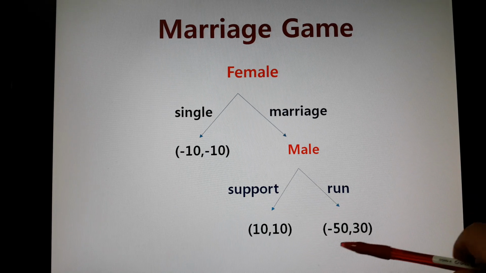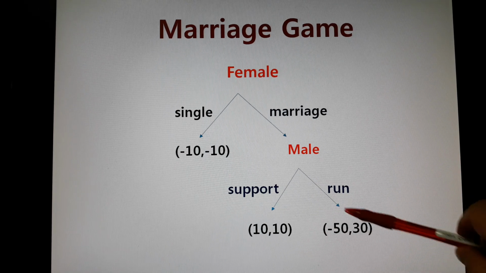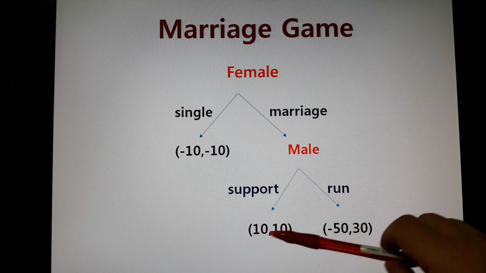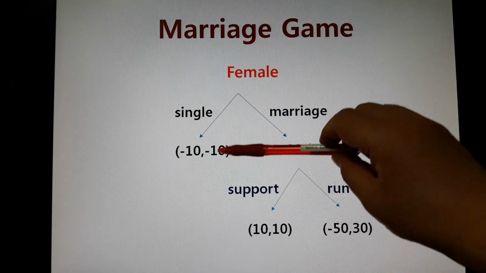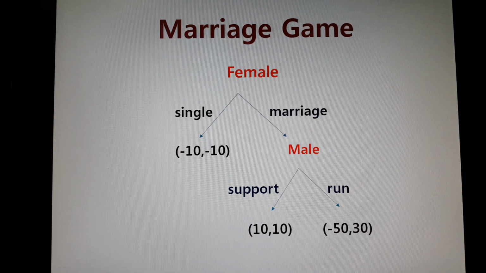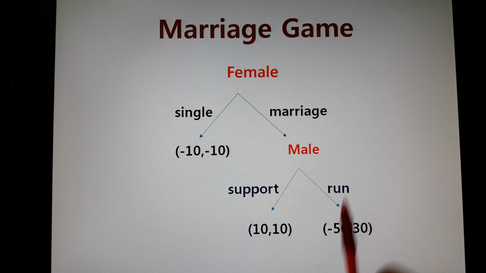Then the female would be extremely unhappy, not only compared to the happy marriage, but also compared to the state that she is single. Now, she has the whole burden on her shoulders, to raise the children without the male.